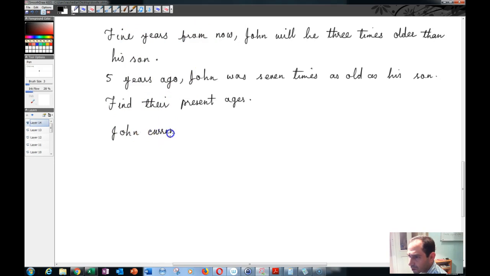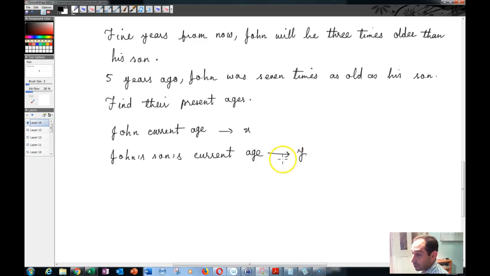current age or present age as X, for example, and then John's son's current age as Y. Using these two variables, I can write two equations using the information that I have here.